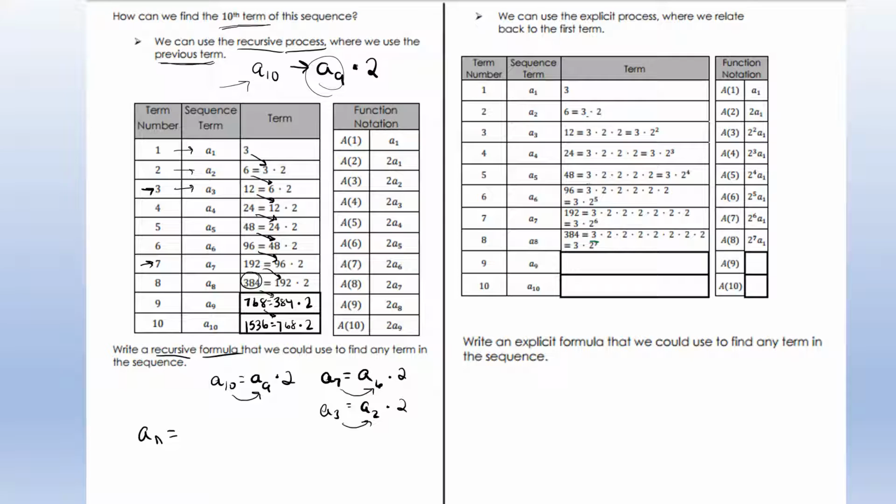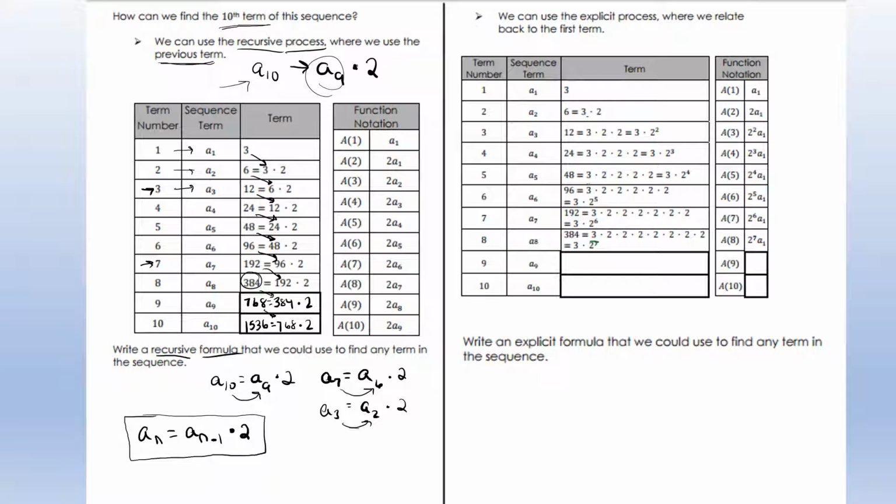If we're looking for An, the one right before that we would call An minus 1. If we're looking for the 10th, we need the 9th term. If we're looking for the 7th, we need the 6th term, or for the 3rd, we need the 2nd term. So we always take the one right before it, which is n minus 1. In this case, we multiply that term before it by 2. So here's my recursive formula for this situation.